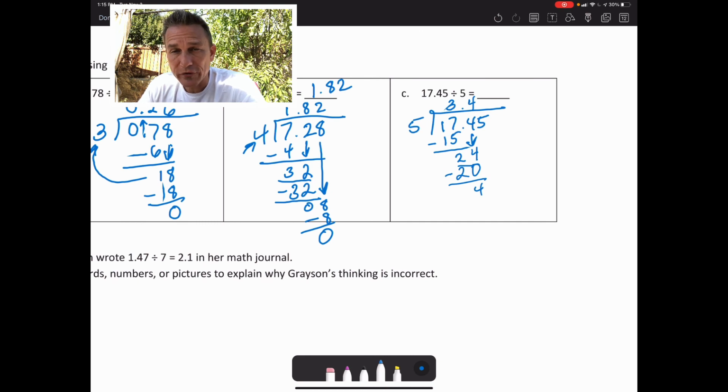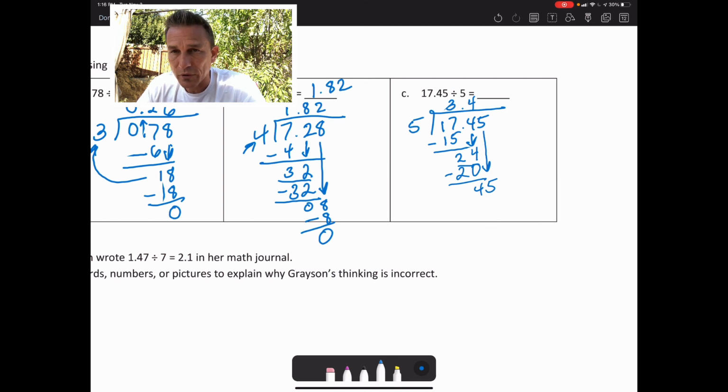Is 4 an okay answer? Yes, because it's lower than the divisor, which is 5. That just means I can move on to the next number. I can bring down my hundredths. Whenever I bring a number down, that means another number is going to go directly above it in the hundredths place.